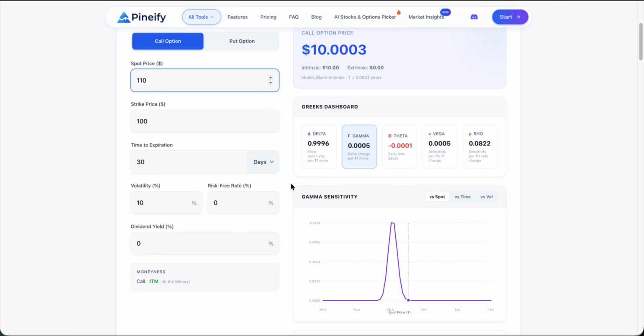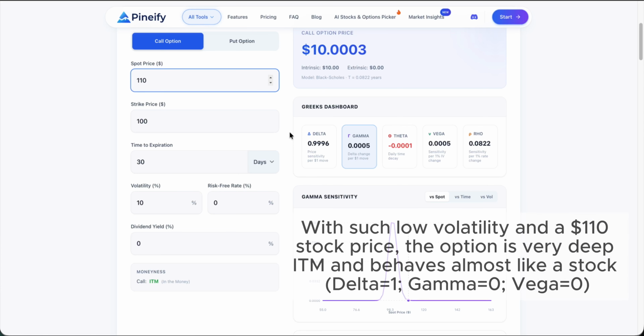Starting here with a spot price of 110, you see that because the option has a delta of almost 1, it is behaving pretty much like the underlying stock. As a result, both the Gamma and the Vega are almost 0, because the stock does not have any Vega and does not have any Gamma.